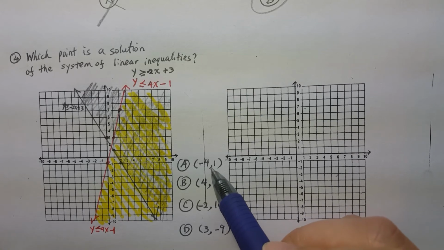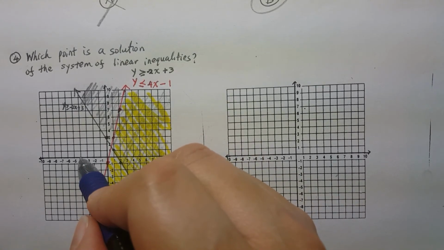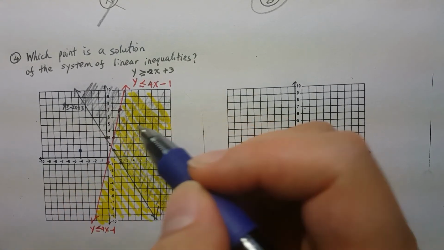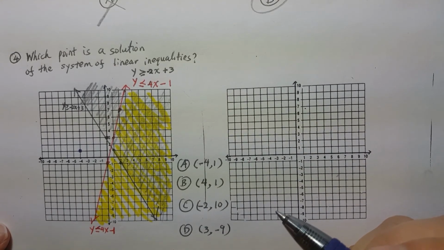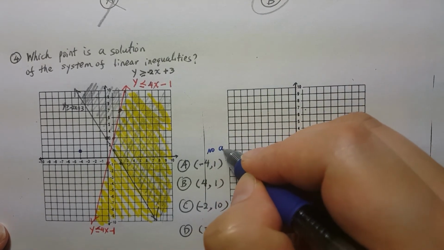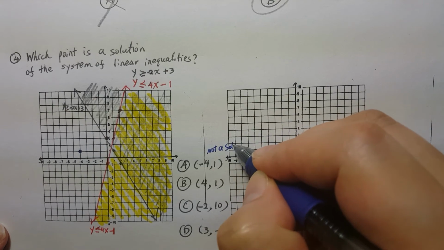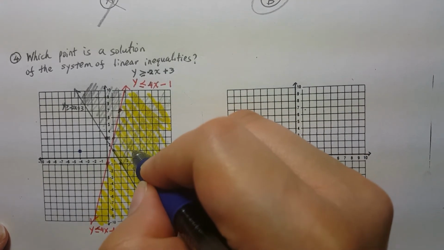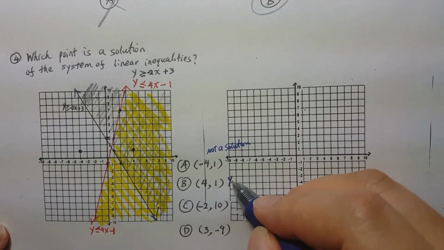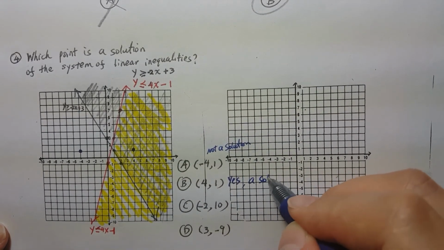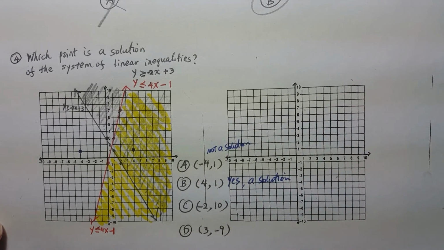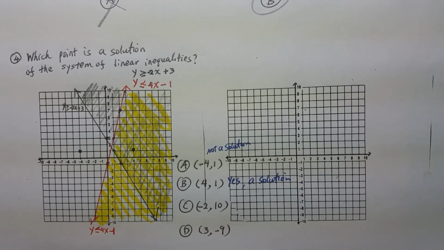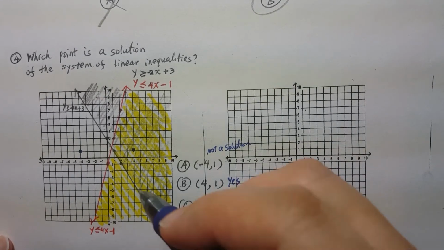Negative 4, comma 1. Negative 4, comma 1 is right here. Not a solution. 4, comma 1 is right here. Yes, a solution. Now let's take a look at negative 2, comma 10.